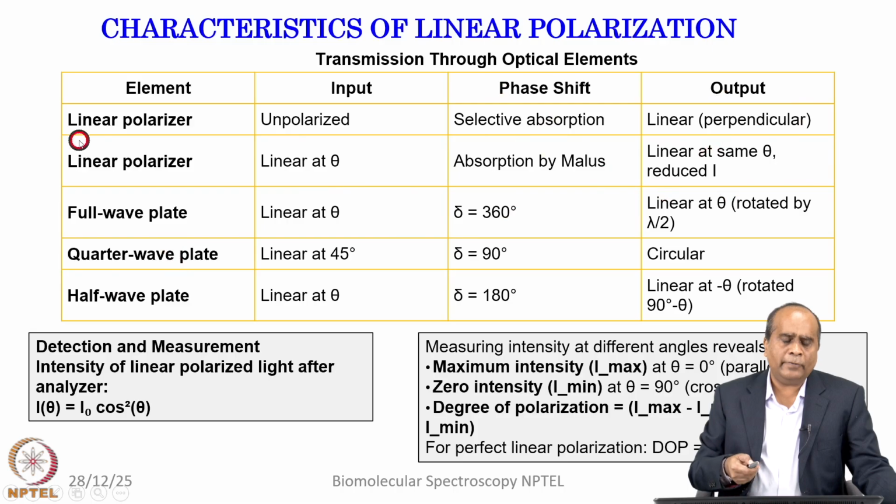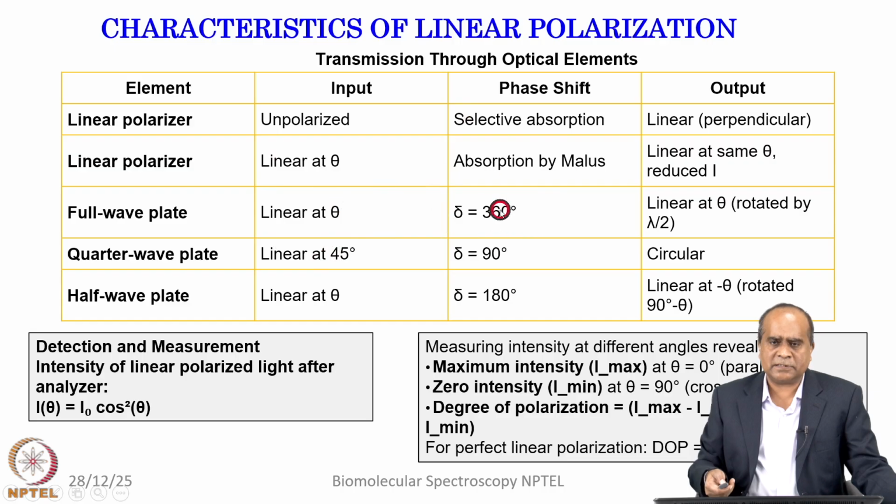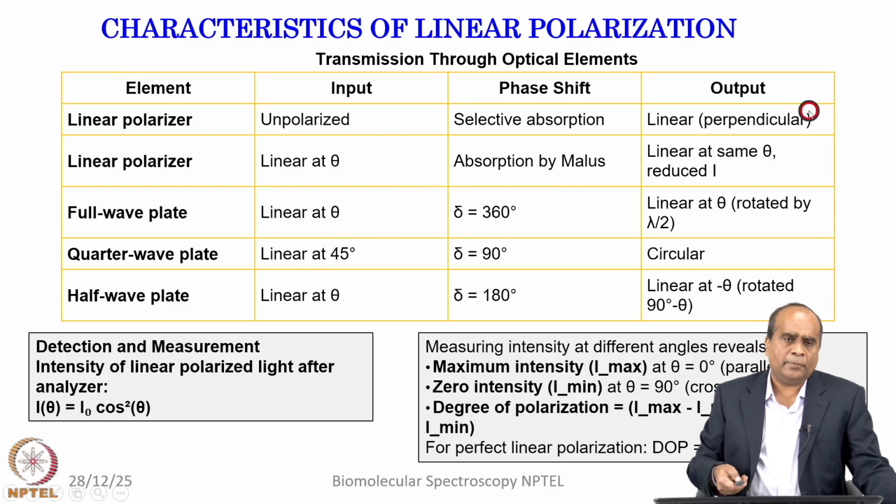If we have a full wave plate, it will be linear at theta angle and the phase shift is 360 degrees, again linear. If we have a quarter wave plate, linear at 45 degrees, the phase shift is 90 degrees, and then we get circular. If we introduce a half wave plate, linear at theta degrees, we have a phase shift of 180 degrees, that will be linear, but at minus theta angle, right.